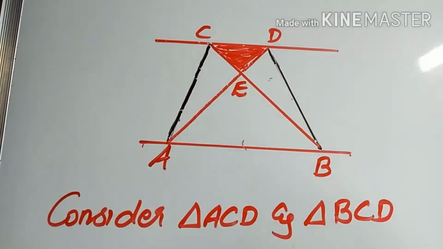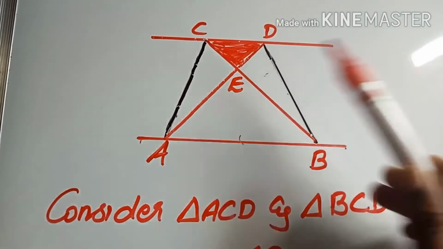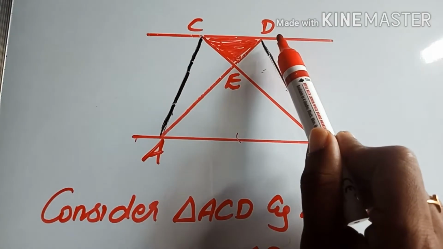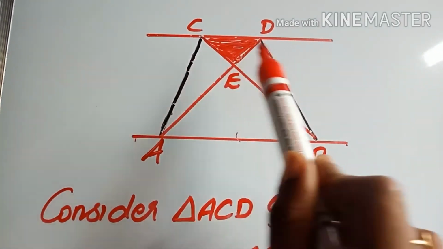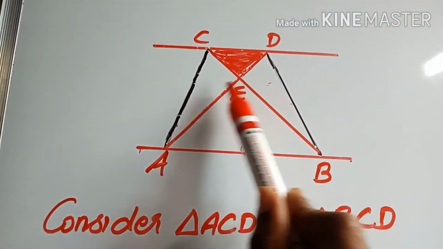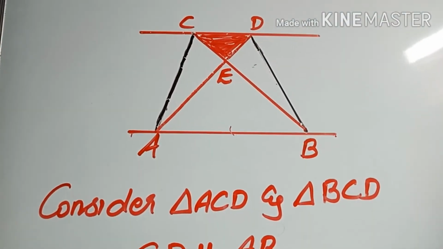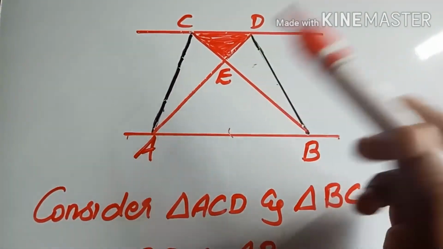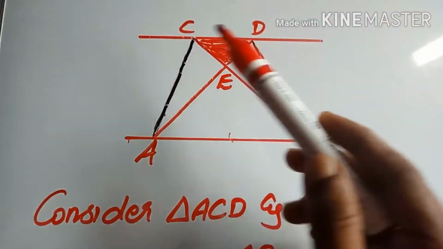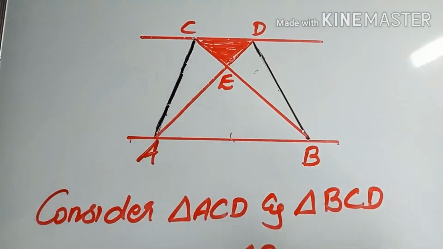So these two will be equal in area because CED is the common part. When we remove that common part from these two triangles, the remaining portions will also be equal. So here this red portion and this yellow portion, like that given in your textbook, will be equal.